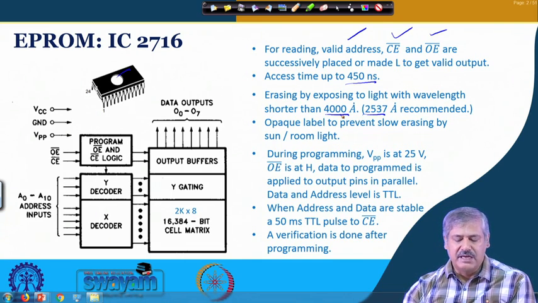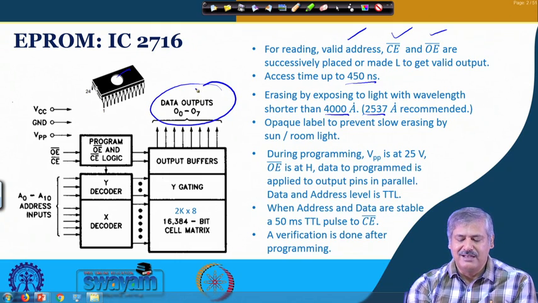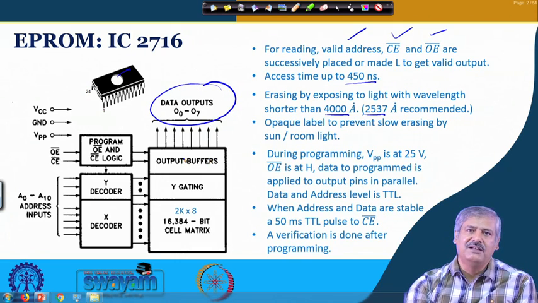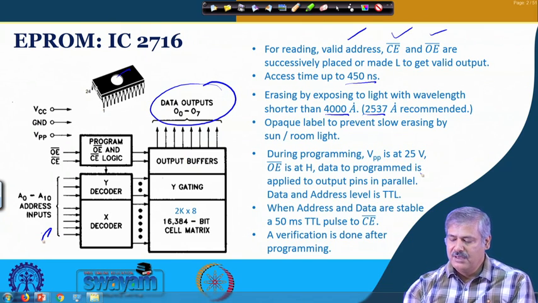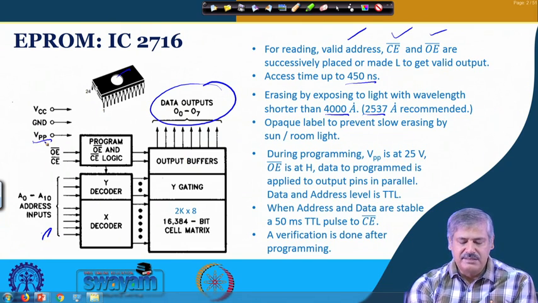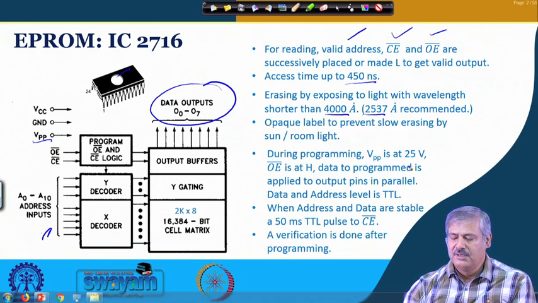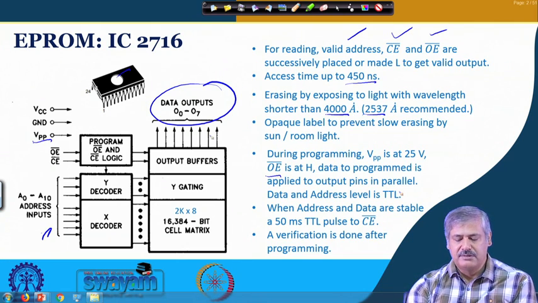And for writing, of course, there is no separate data input. The data outputs that are there are where the TTL level data is placed for writing, and these are the addresses. At that time, a programming pulse of 25 volt is used. The output enable is at high, and the data to be programmed is applied at the output pins in parallel.